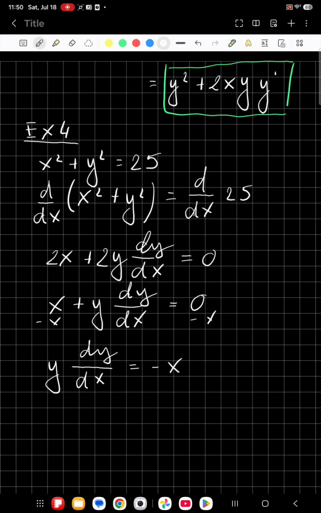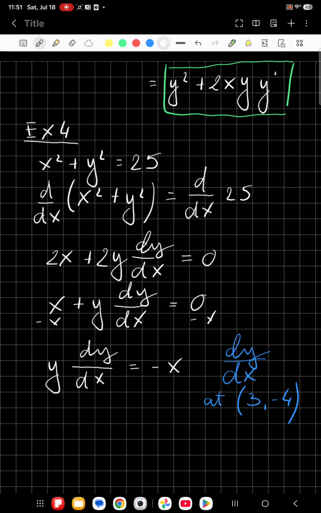Our goal here is to solve for that dy/dx. Okay, so our goal is to find the derivative or slope at the point (3, -4) on the bottom half of the circle. To find the derivative at that point, or the slope at that point, I need to have this equation solved for dy/dx.